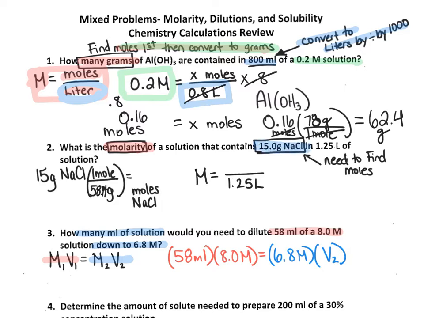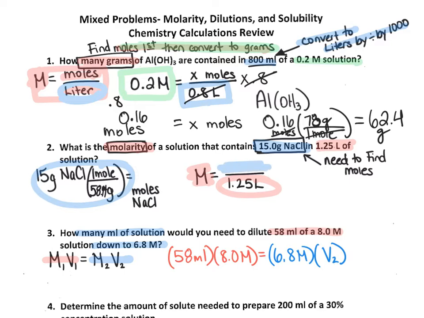The next problem asks us to determine the molarity of a solution that contains 15 grams of NaCl. The first thing we need to do is find out how many moles that is, because remember, molarity is equal to the moles divided by the liters. And we have our liters already, 1.25, so I put that on the bottom. But in order to find the molarity, we need to figure out our number of moles first.